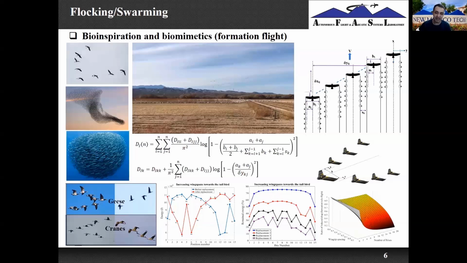We have seen in nature that birds flying in a V formation, like this, one side of the V, generate some type of vortices, called upwash and downwash effects. I will show you this material in the future. It helps the birds in the middle consume less energy, while the birds in the lead position or the tail position consume more energy.